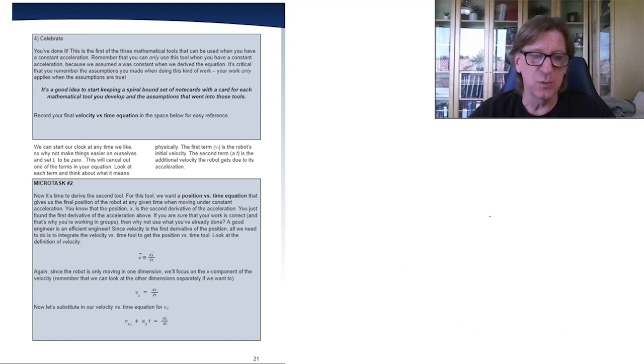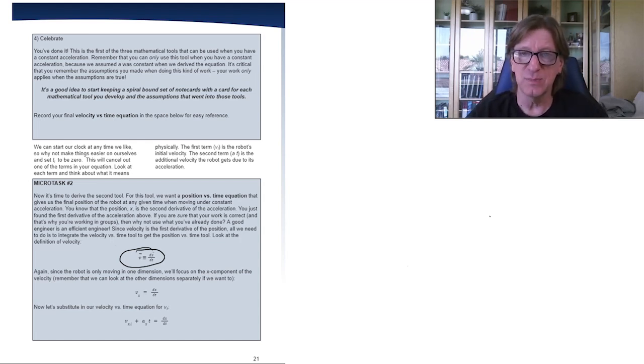Okay, so we're going to start right here. We're going to start with our velocity definition. So our velocity is the derivative of x with respect to time. And remember, that's a vector, and so x becomes effectively the displacement. Okay, so in order to do this, I'm going to take that velocity versus time equation that we just derived. So I'm going to write it here for our reference.